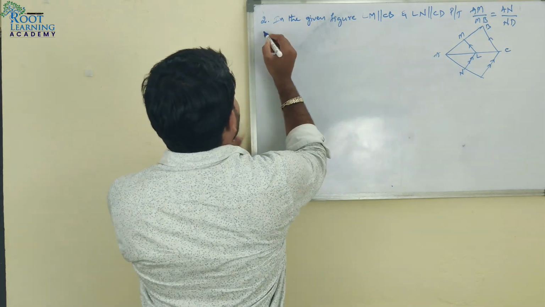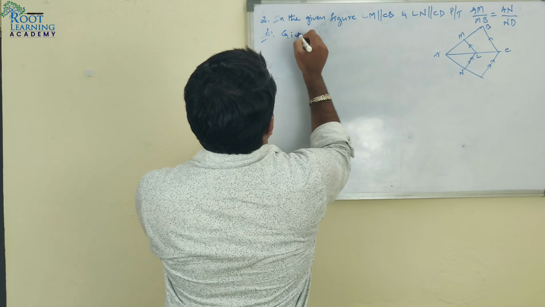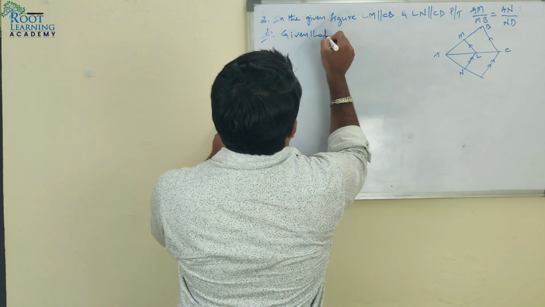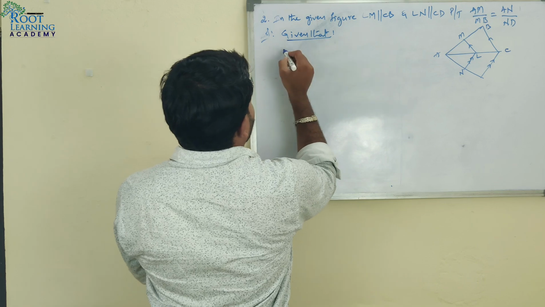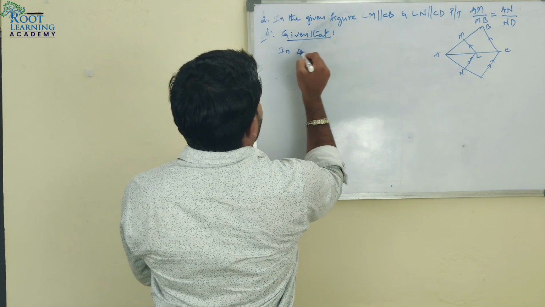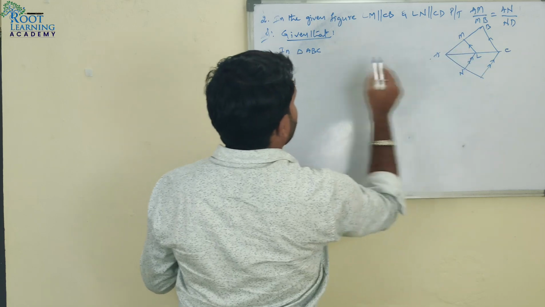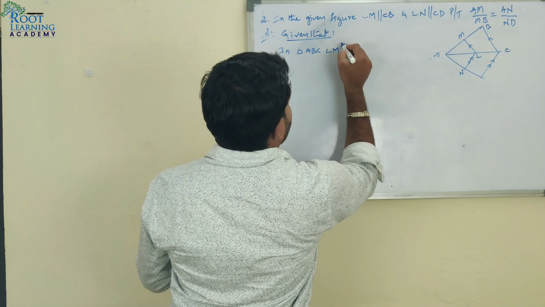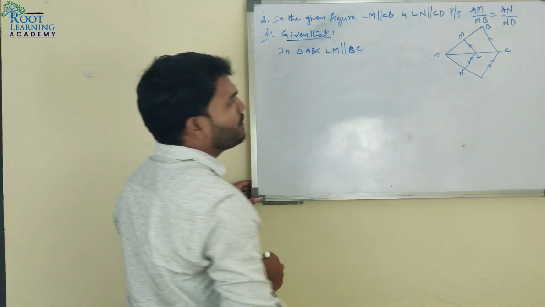Now, first, given that, in triangle ABC, LM is parallel to BC.